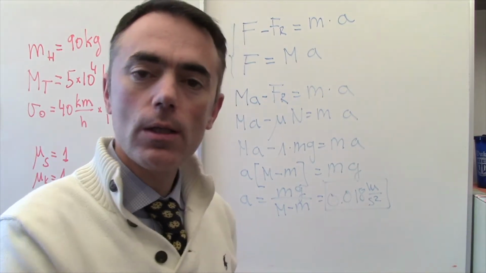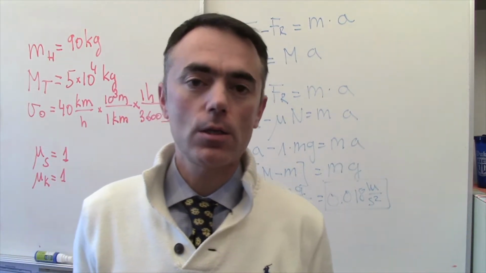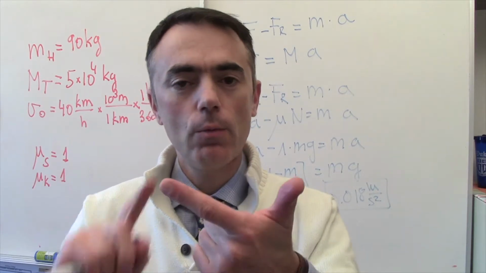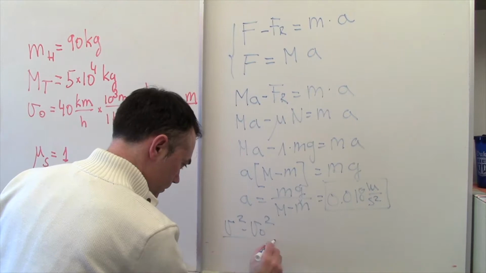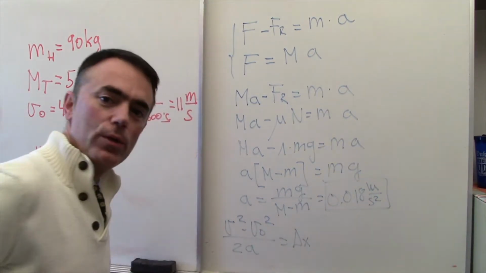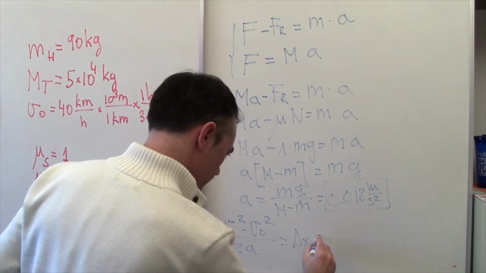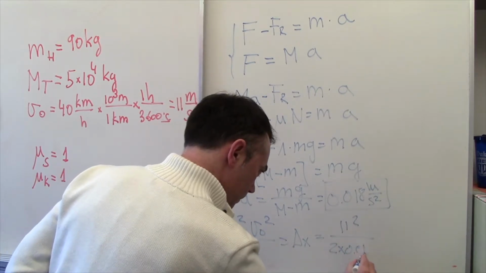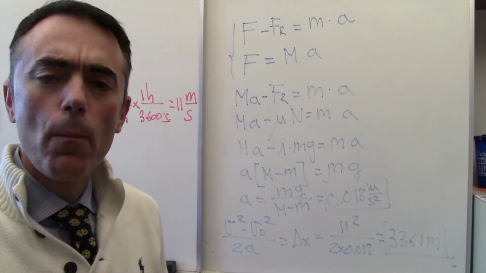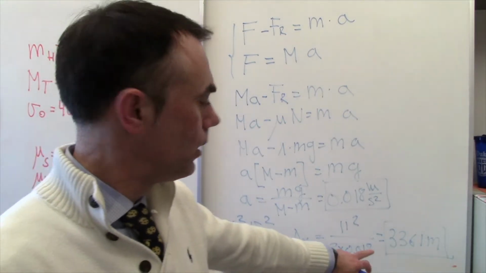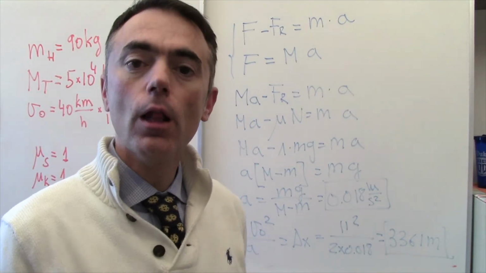Let's calculate what's the distance. To do that, we will use the kinematics equations that relate velocity with distance and acceleration. We just substitute here. Which is more than 3.3 kilometers. That's a lot.